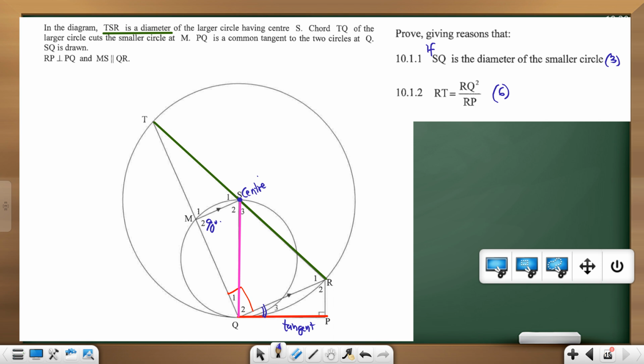PQ is a common tangent. Oh, this examiner is cheeky. I'm seeing something here. This examiner is very cheeky. Can I prove that M2 is 90? This is a radius. That's a radius. That's a tangent. This is 90. Tangent radius, 90.